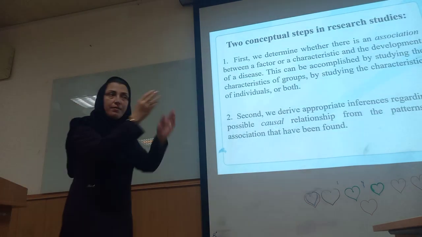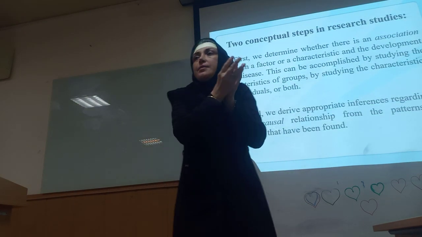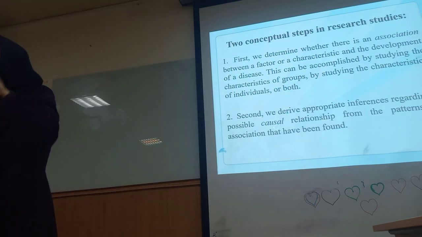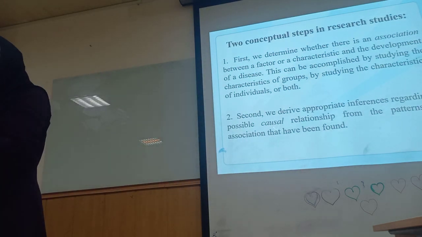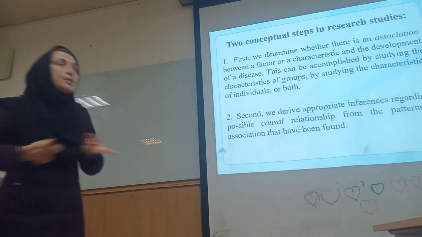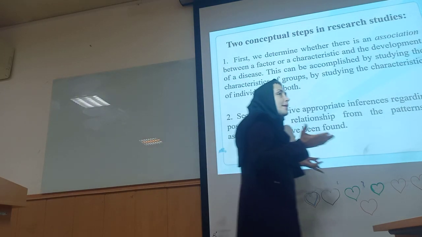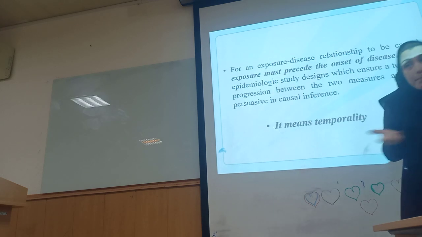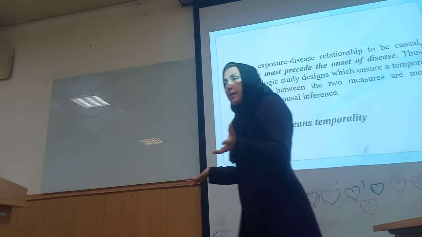So, the window is not broken at the start of our study, at the start of our watching. So, it is clear that in cohort study, we have some healthy population.